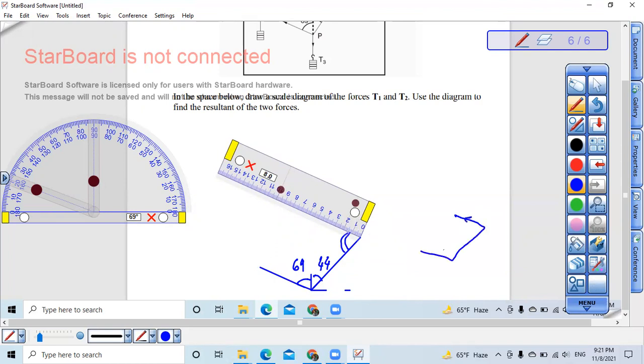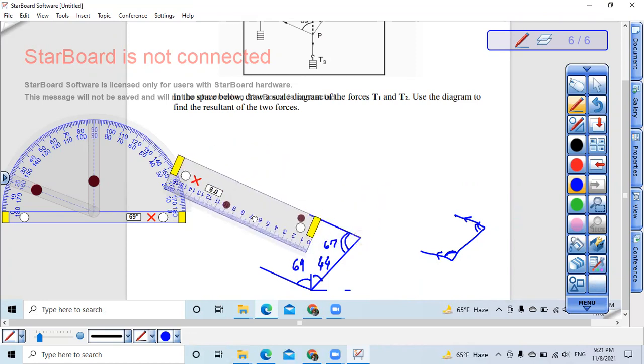These two sides are parallel, so this angle with this angle have to be 180 degrees. So by finding 180 minus 69 and 44 degrees, this angle will be 67. You can use the protractor to measure it and draw 6 centimeters, which is equal to this one.